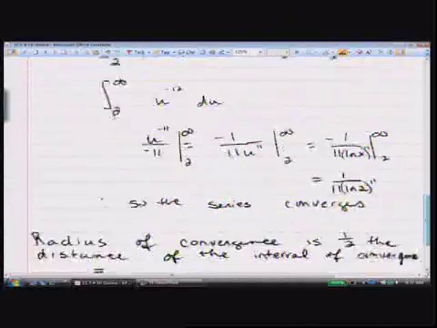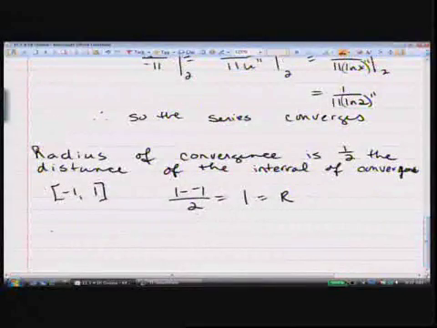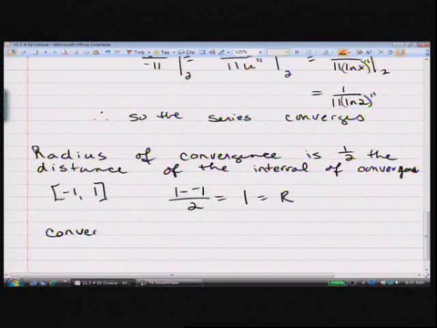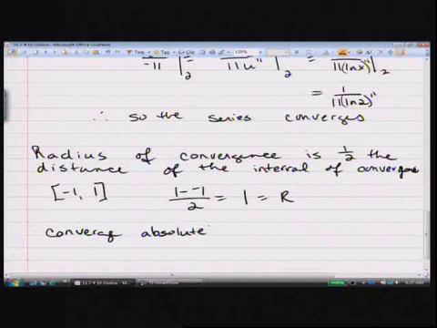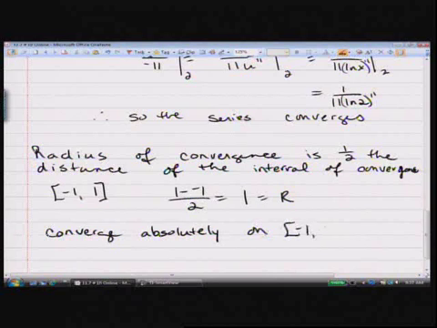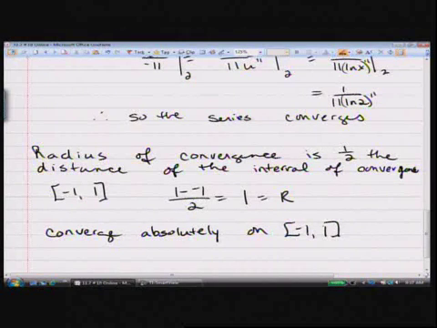So it converges absolutely on the interval from negative 1 to 1, because we didn't find it only to work for the alternating series test. Check answer. Well done.